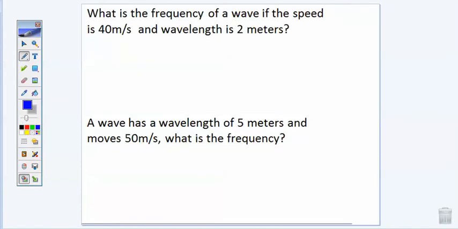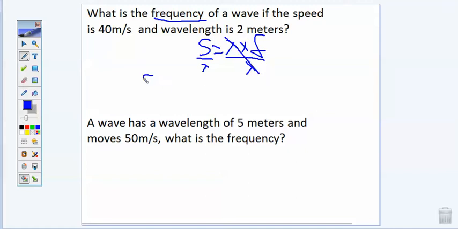Okay. Now, when we read this problem, it says, what is the frequency? So here we're actually solving for a different piece of the puzzle. We know that speed equals wavelength times frequency, and we are trying to solve for the frequency, so we have to divide both sides by the wavelength. Wavelength over wavelength cancels.